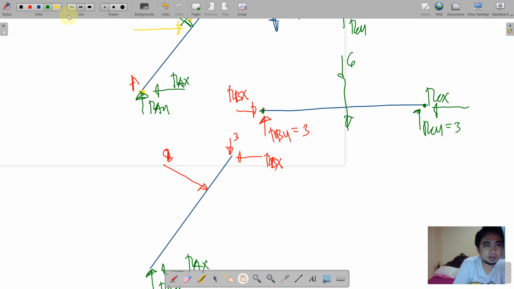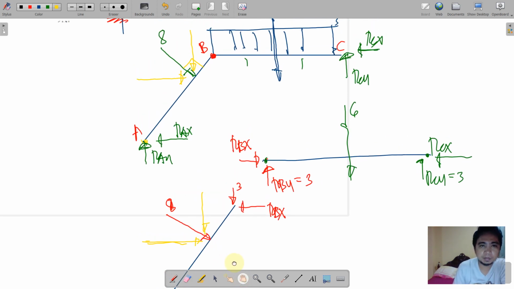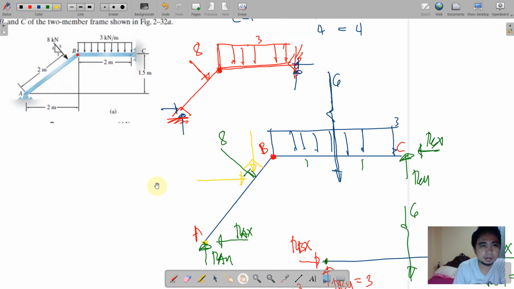So, let us get the component of 8. So, let us just draw a horizontal and vertical line. Okay. So, we have here a slope. May slope tayo ng 8, ano? 3, 4, 5. 3 horizontal.